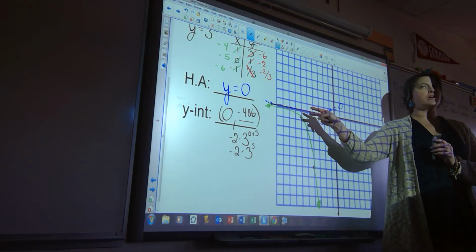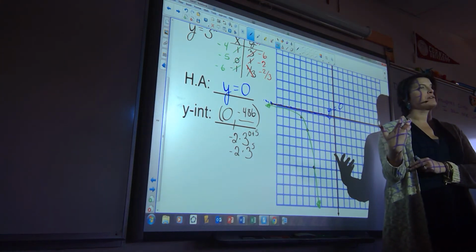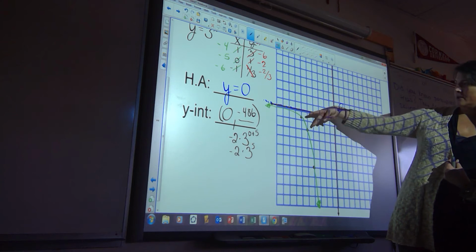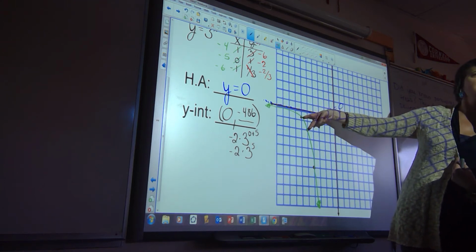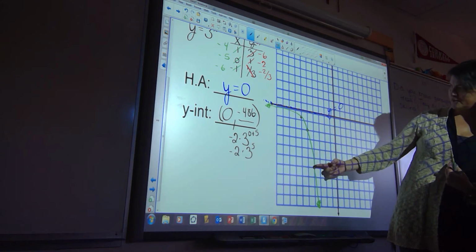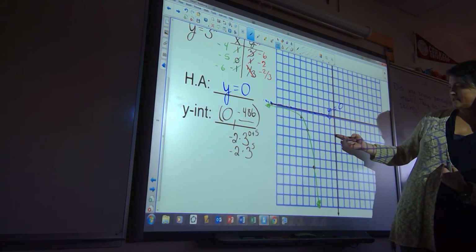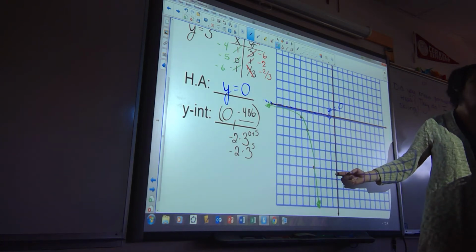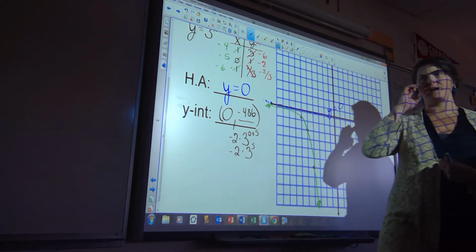Notice it's a little bit harder to predict the growth on this one, because this didn't grow by a factor of 3, did it? And then did this really grow by a factor of 3? Well, it was at negative 2, and now it's down at negative 6. So yeah, I guess it kind of grew by a factor of 3.